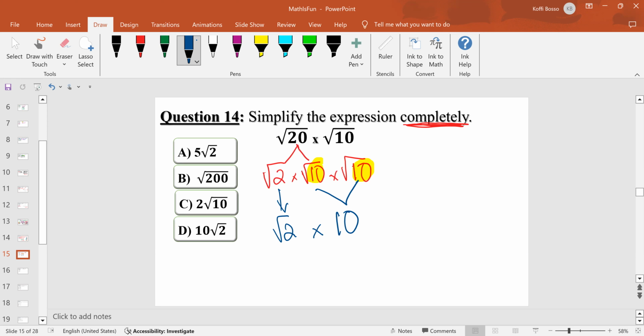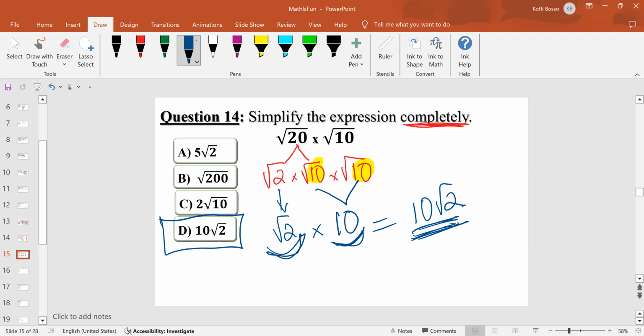But this will not be square root of 20. No. Instead, that will be 10 square root of 2. Understand that every time you have a square root of a number, which is the case here, multiplied by a regular number, you just place that regular number before the square root of the other number. So that's what we put here. And the correct choice is D.